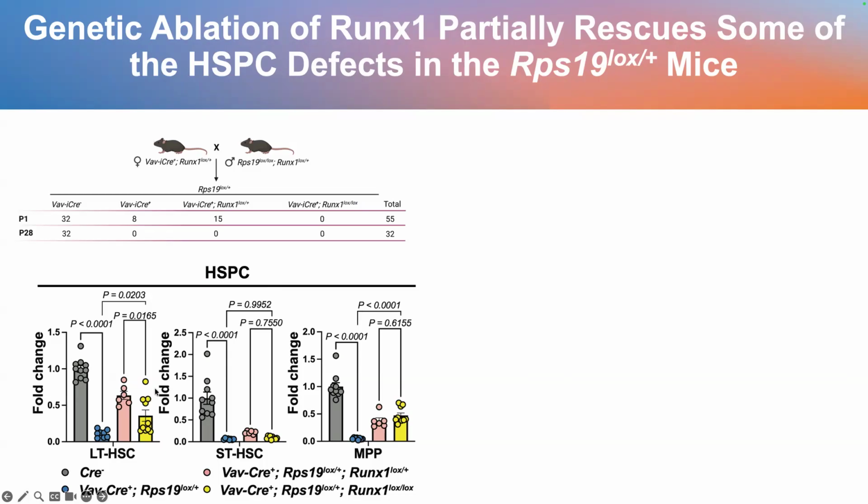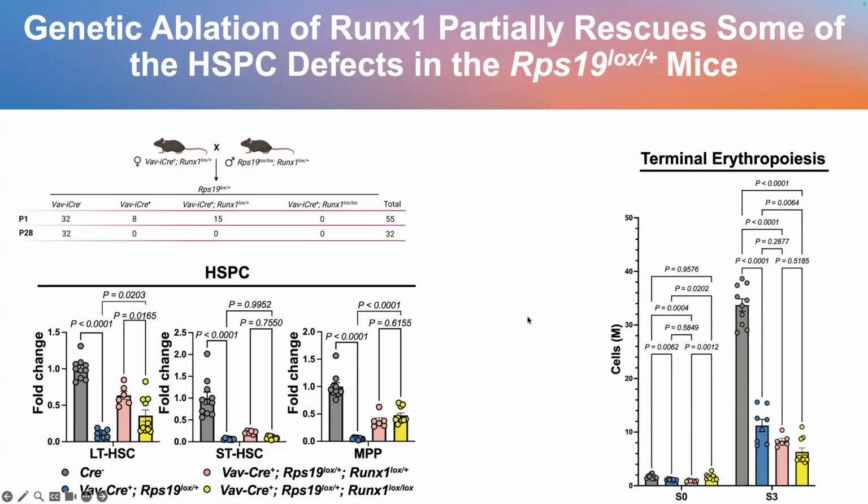It was maximized with one copy of RUNX1. We observed a correction of the quantity of MPP and stem progenitor. However, terminal erythropoiesis was even worse, which is something that has been described in the literature a long time ago.